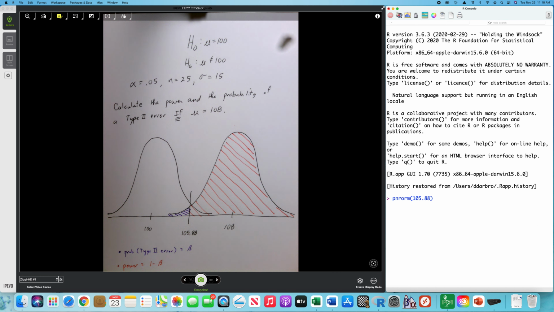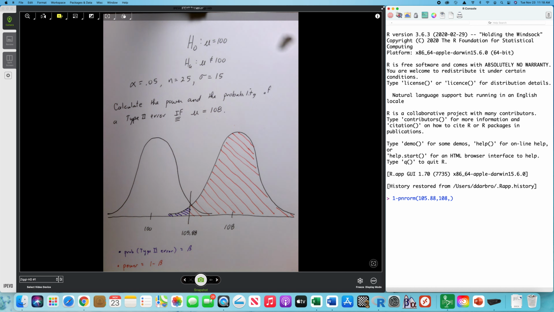Now, that should be a red flag, right? pnorm by definition in R gives me the area below, so I know that I must subtract that from 1. We're drawing by definition from this distribution, so I have to have a mean of 108.